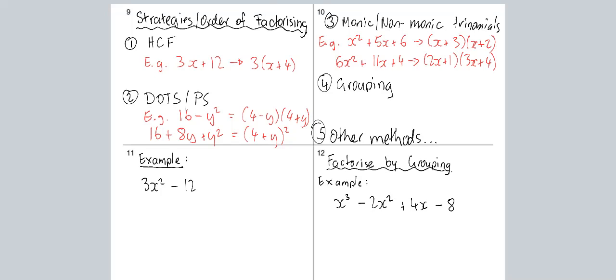Grouping, I'll just give a really simple example. I didn't actually prepare this one, so I hope I can fit it in. ax plus a plus bx plus b. Oh man, that shouldn't be an equal sign. Notice already there's more than 2 terms there.